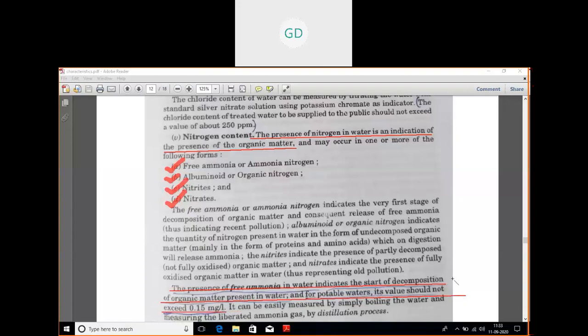Free ammonia can be easily measured by boiling the water and measuring the liberated ammonia gas by the distillation process.